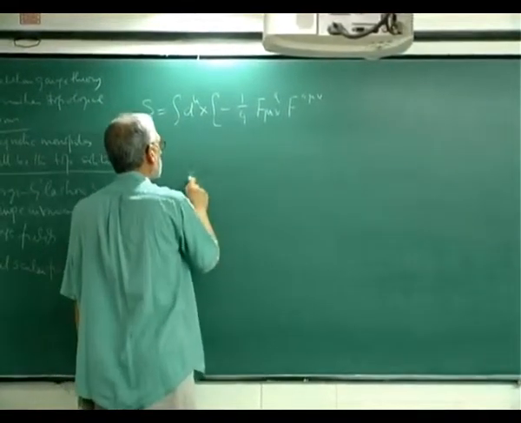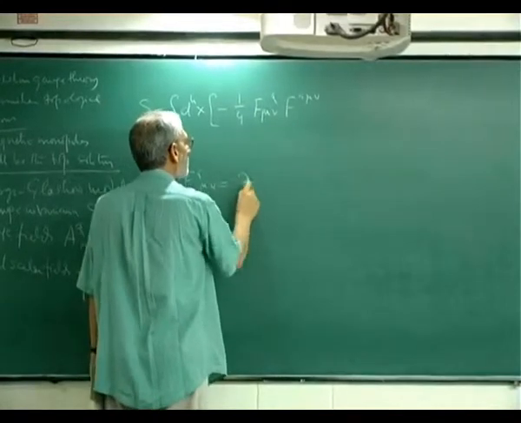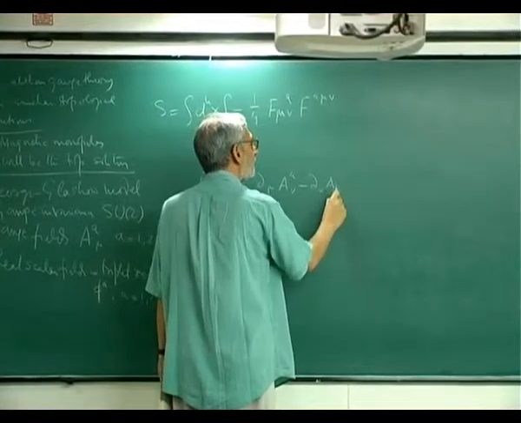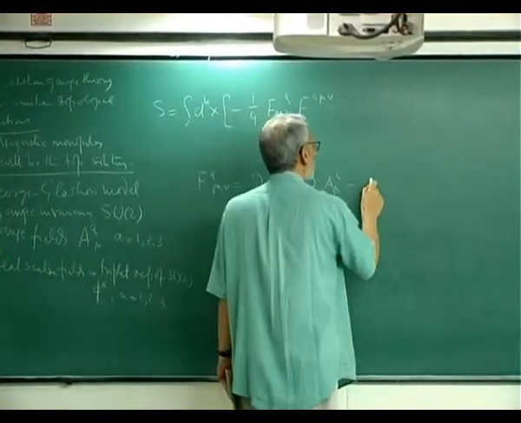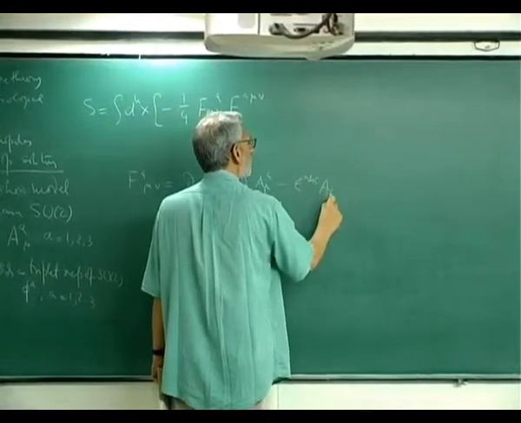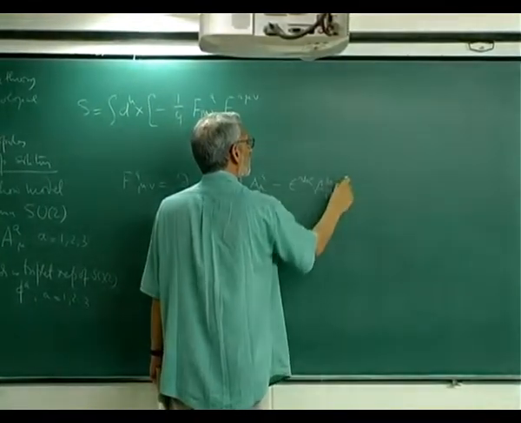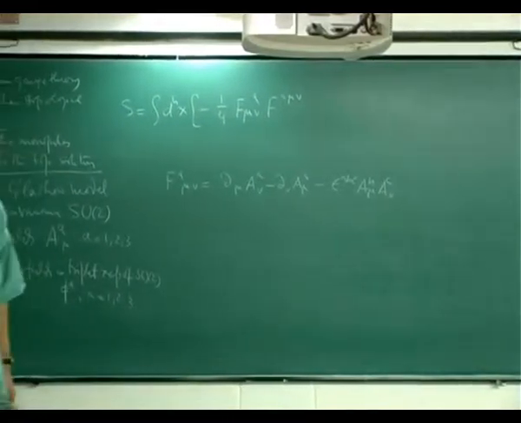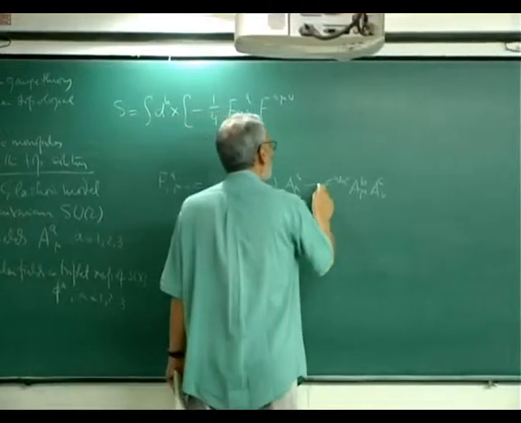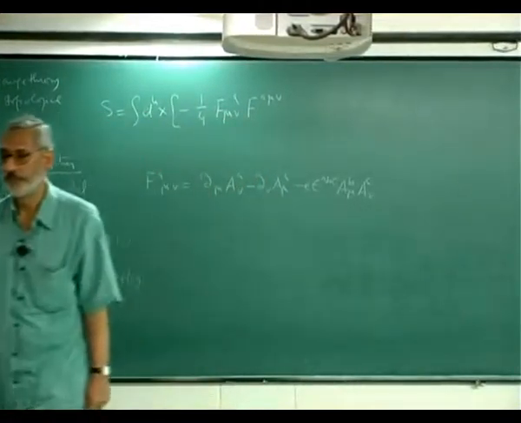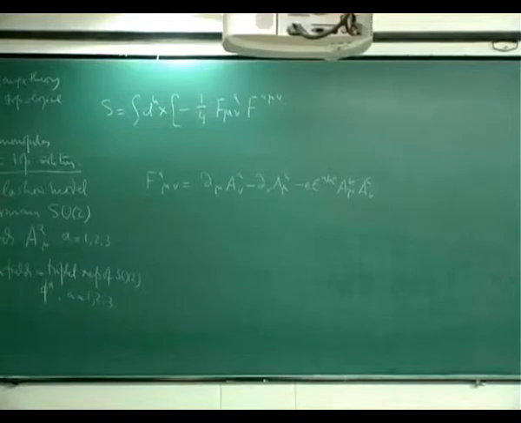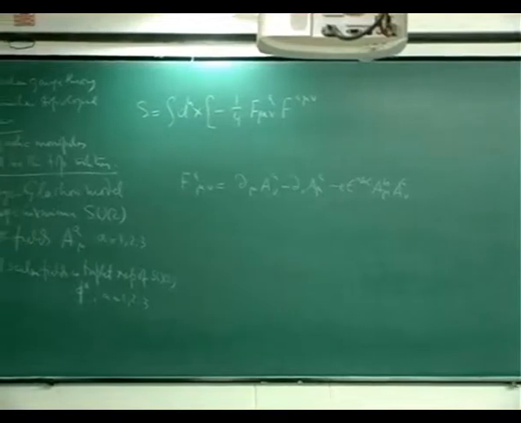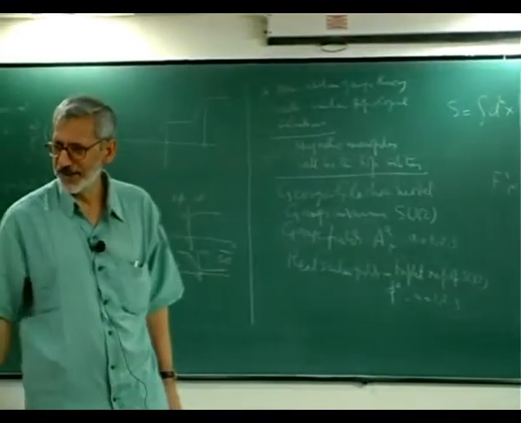The field strength is the anti-symmetrized derivative of the gauge potential, and epsilon ABC, the nonlinear term, with the coupling E. Earlier we called that coupling G, we'll call it E here. I don't remember whether I put plus G there, and now I'm putting minus E here.